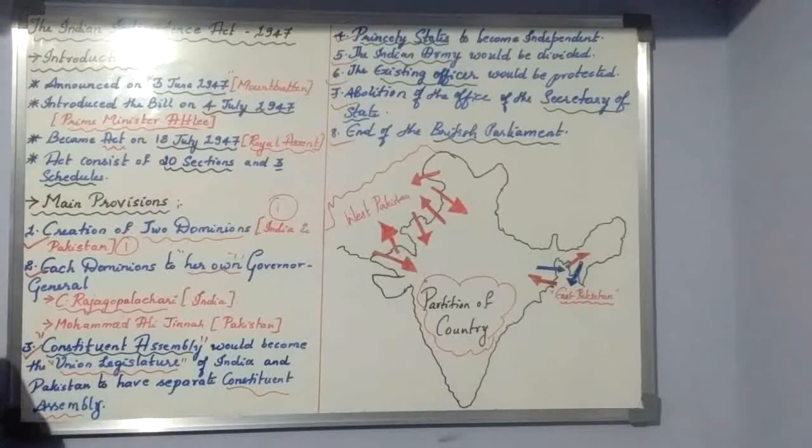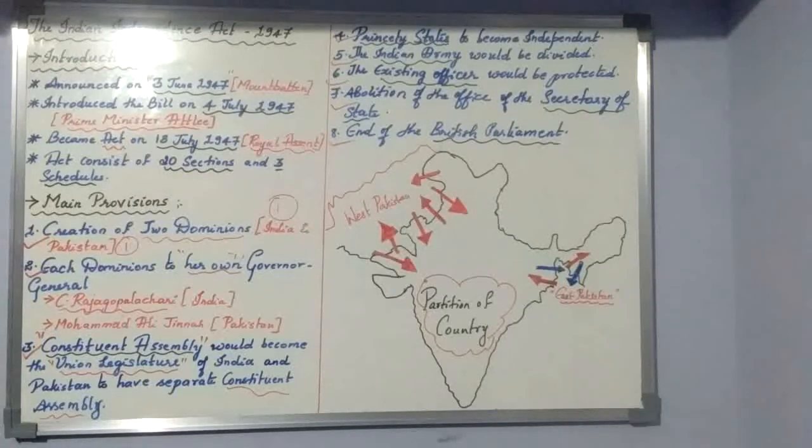From 1950 onwards, our country came under the control of two major titles. The first Prime Minister was Jawaharlal Nehru, and Dr. Rajendra Prasad became the first president of our country.